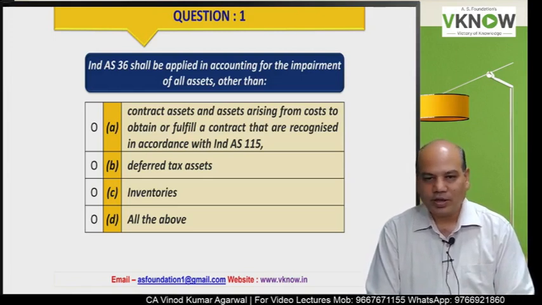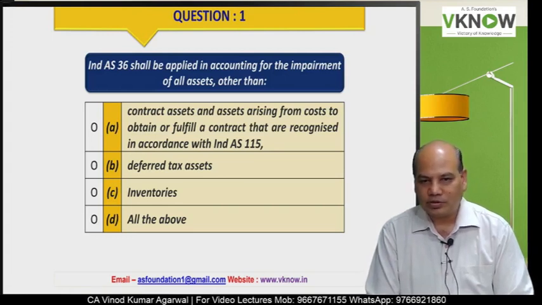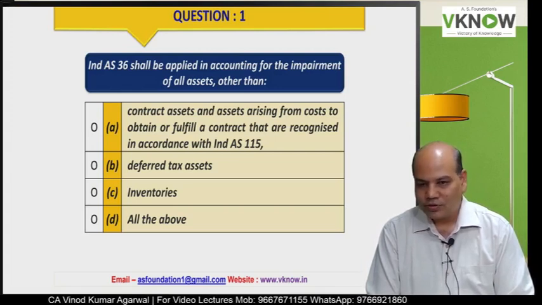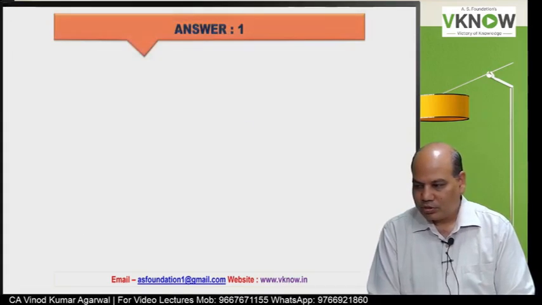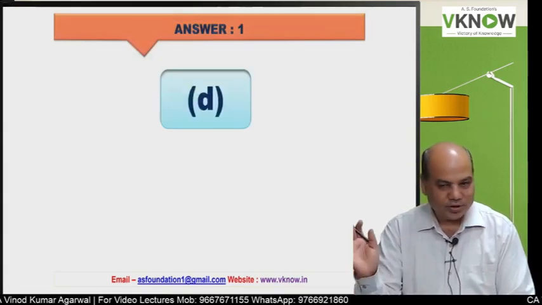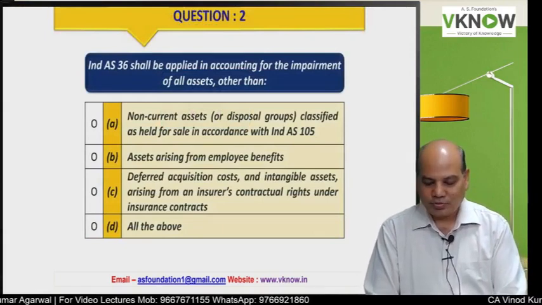This is not covered by Ind AS 36. Deferred tax asset not covered by Ind AS 36, covered by Ind AS 12. Inventory covered by Ind AS 2. So the answer is all of the above. So correct answer was D. Very good. Now try question number 2.